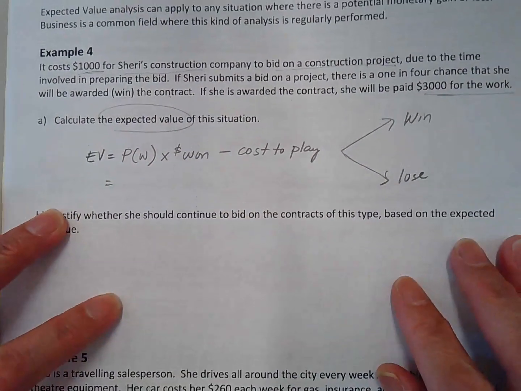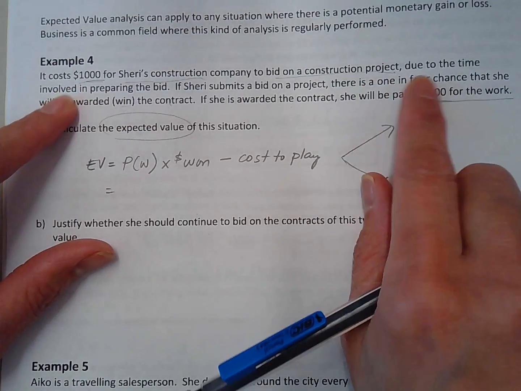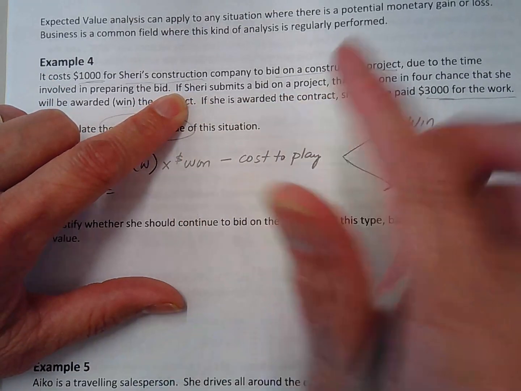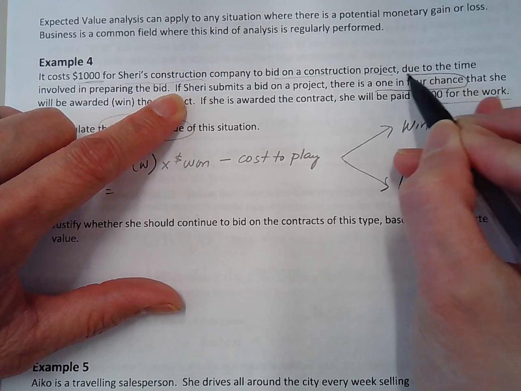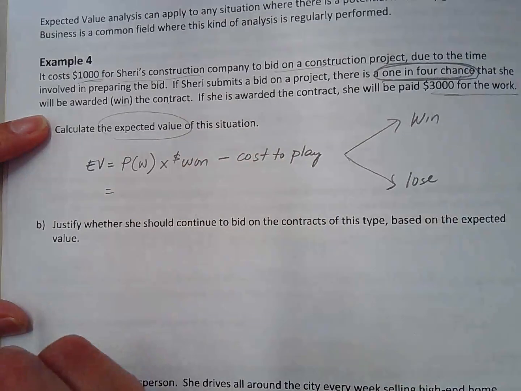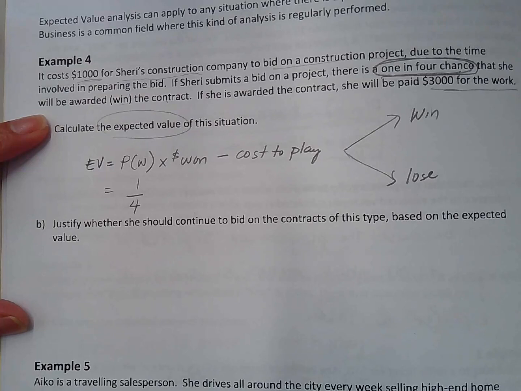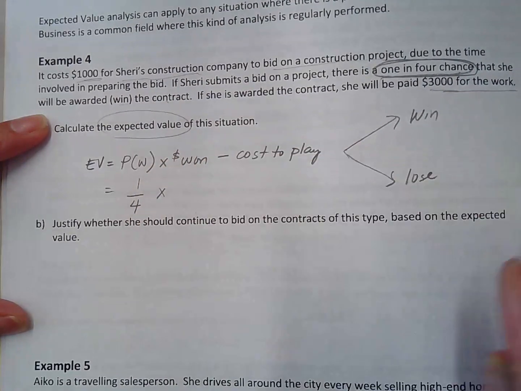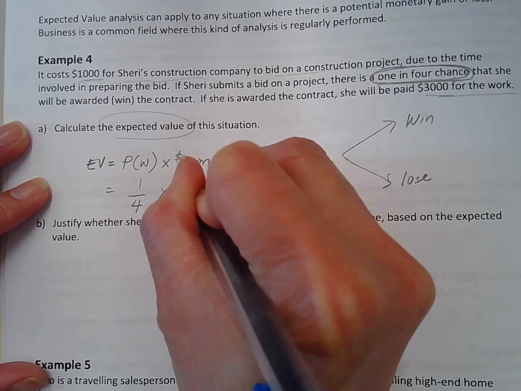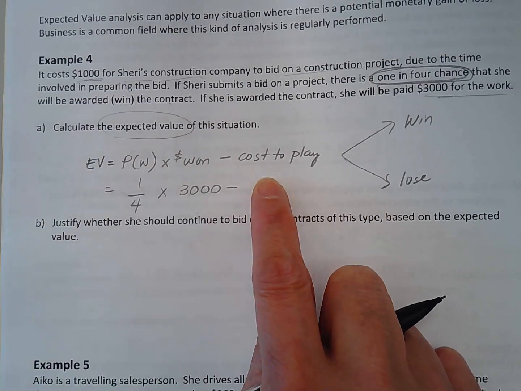Okay. So it costs $1,000 to bid on a project due to the time involved preparing. If Sherry submits a bid on a project, there is a 1 in 4 chance. So that's our probability, 1 in 4 chance. So the probability that she will win is 1 out of 4, times how much will she actually win? $3,000, minus the cost to do the project.